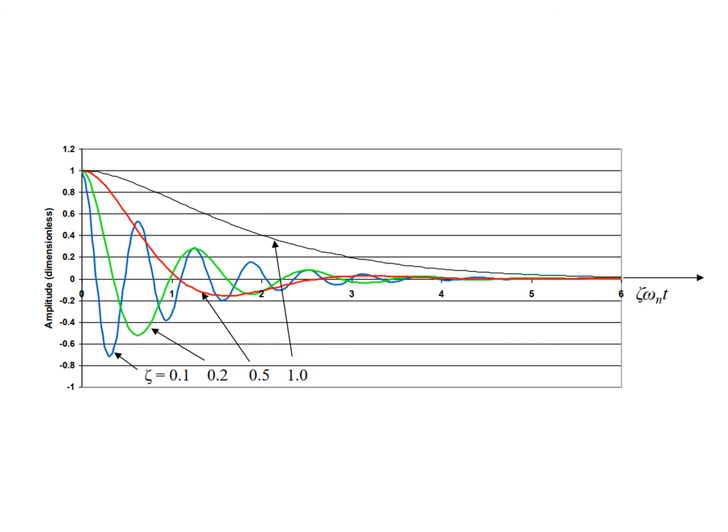There's no overshoot, but with a decrease of damping, which means there's less damping in the system, you can see there are more and more overshoots with decreasing zeta, and that also corresponds to a smaller period.